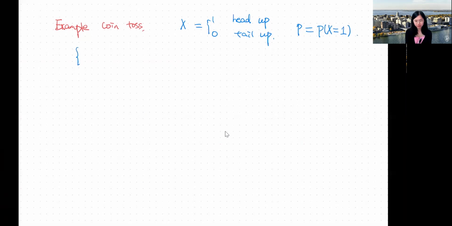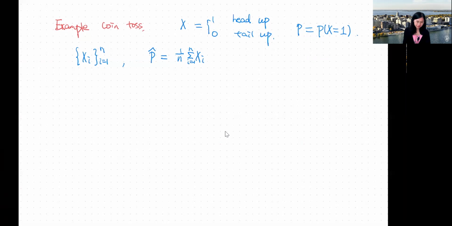Now, to estimate this p, you can toss the coin many times, say n times, and use the sample average of Xi to estimate p. So p hat is the sample average of Xi.